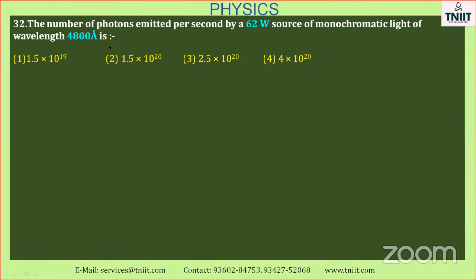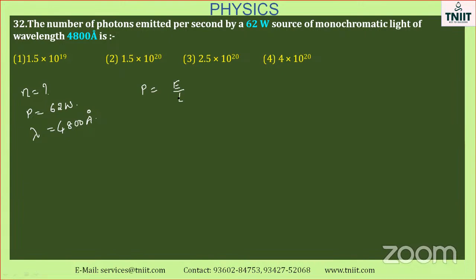The number of photons emitted, N. What is the power? 62 watt. What is the wavelength? 4,800 angstrom. How do you define power?